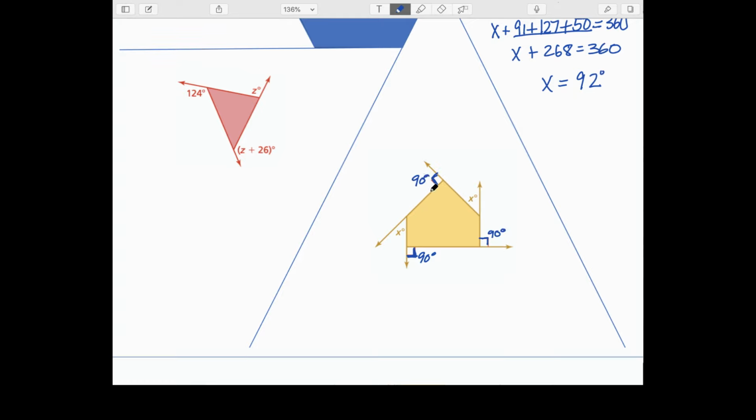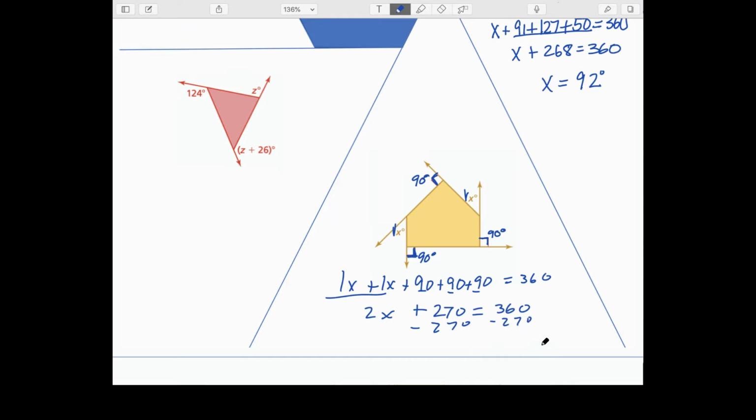But then 2 of them are X. If I use that invisible 1 concept, I have 1X plus 1X plus 90 plus 90 plus 90 equals 360. That's 2X. 2X plus 9 times 3 is 27, so 270 equals 360. Then I subtract 270 from each side: 90 equals 2X.